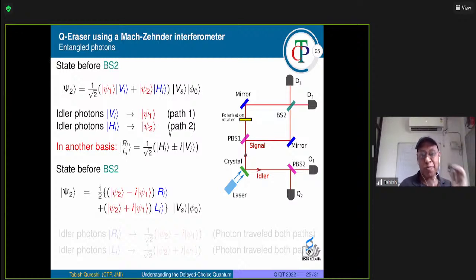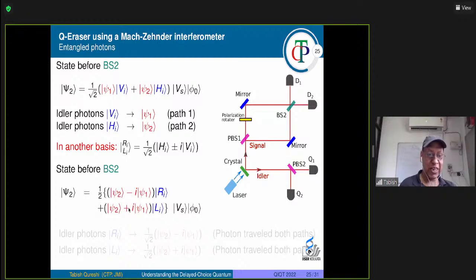Now for the polarization of this idler photon, I can use another basis which is called the right and left basis, which is a combination of horizontal and vertical polarization. So these are two states. R is |H> plus |V> and L is |H> minus |V>. I can write this state in terms of these R and L states also. So the same state now looks like this.